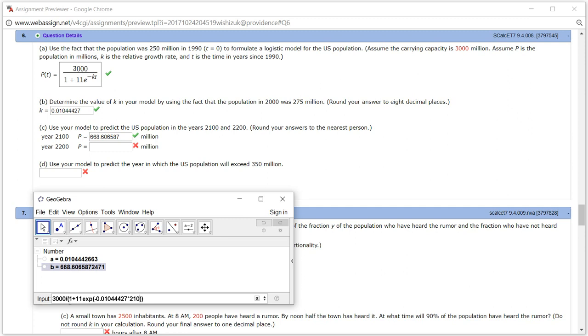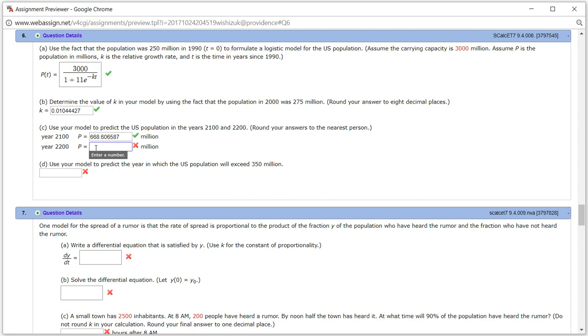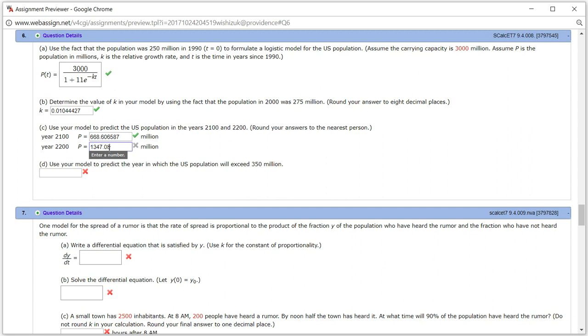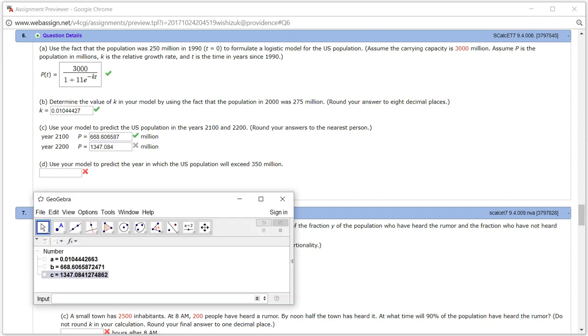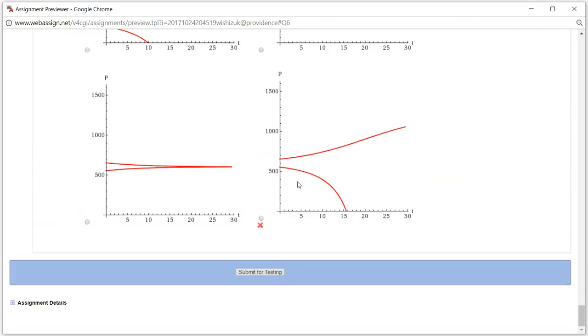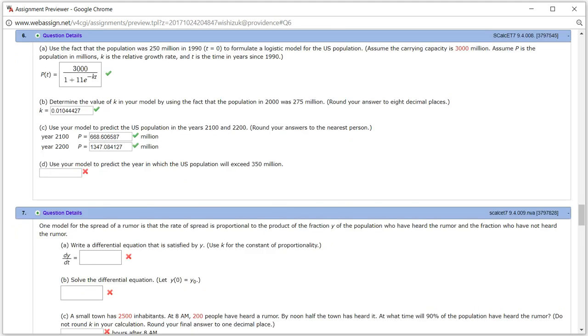So this is going to give you 1347 point, then 6 more, 084 127. So let's check the answer. Submit for testing. All right, it came back and looks like we got part C correctly for both of them.